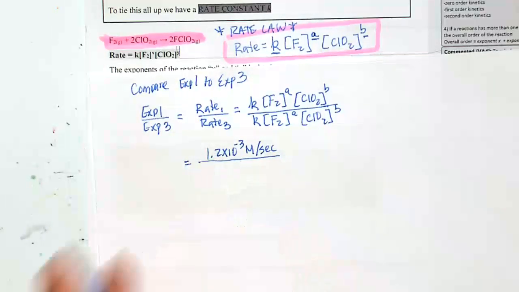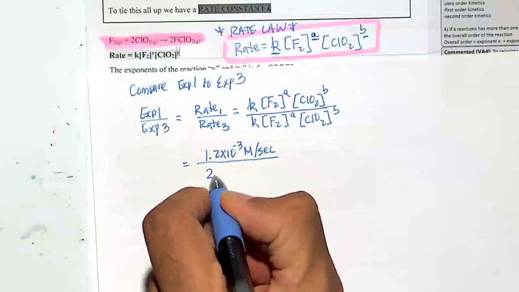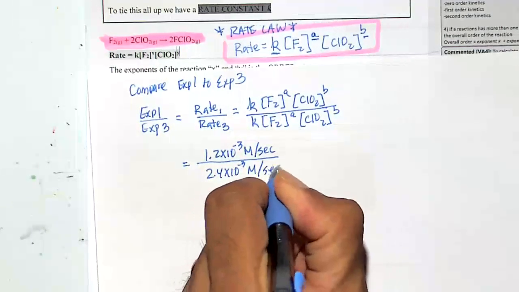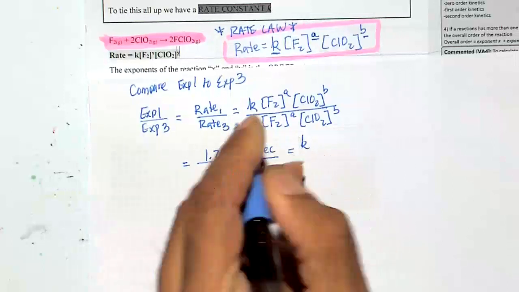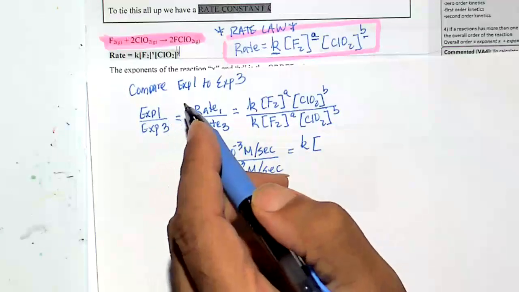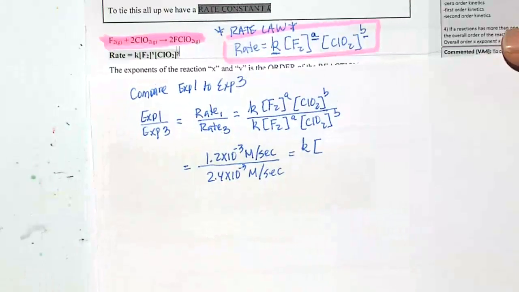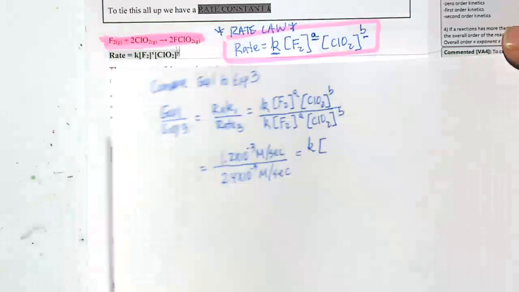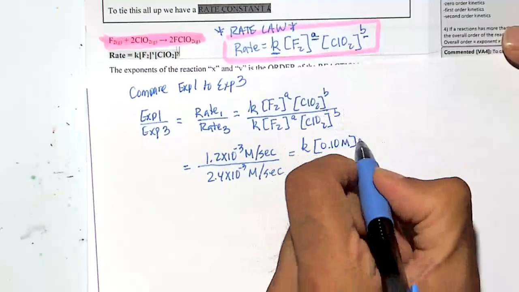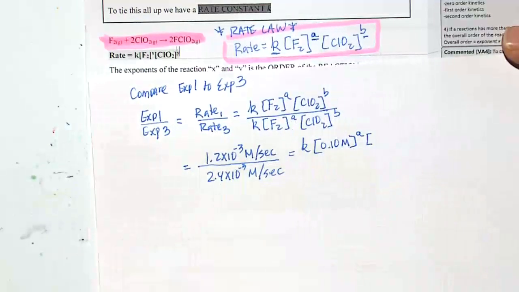What is rate 3? 2.4 times 10 to the minus 3 molarity over seconds. That equals K, which we'll have to find later. What is F2 for experiment 1? 0.10 molar. Raised to what power?